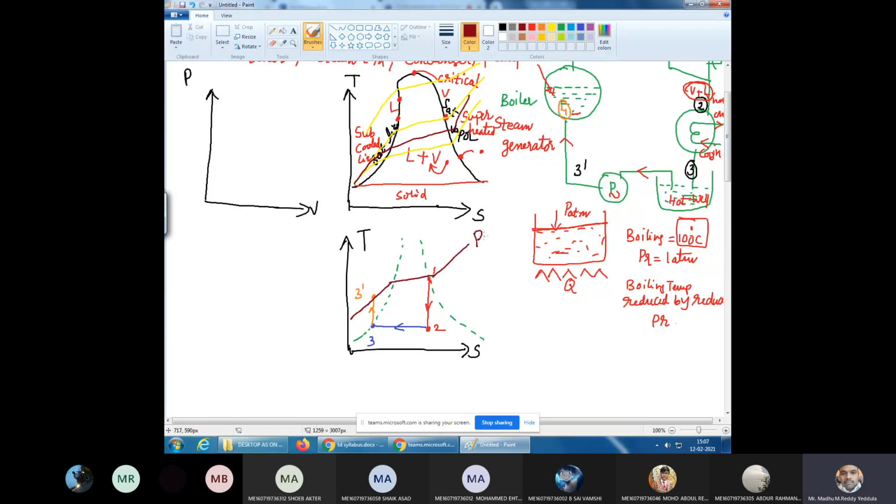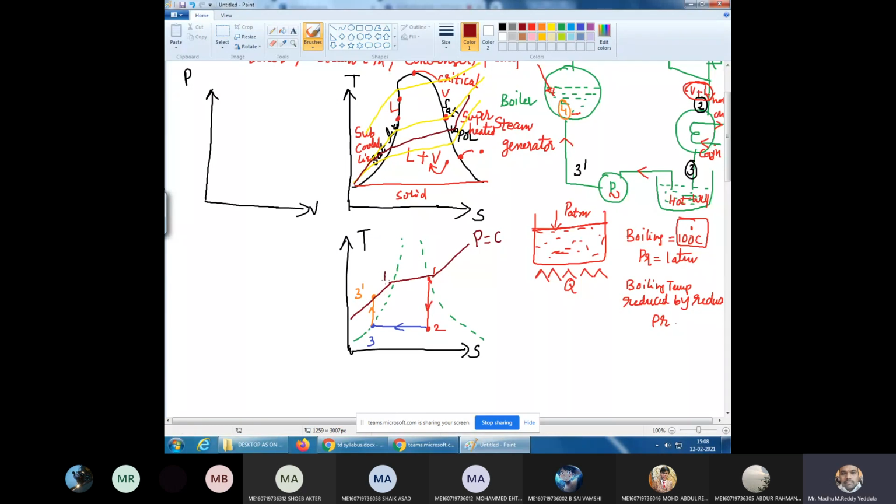This line is called a constant pressure line. On this line, wherever you select a point, the pressure remains constant. In the TS diagram, these lines are called constant pressure lines. It means the heating of the water takes place at constant pressure.